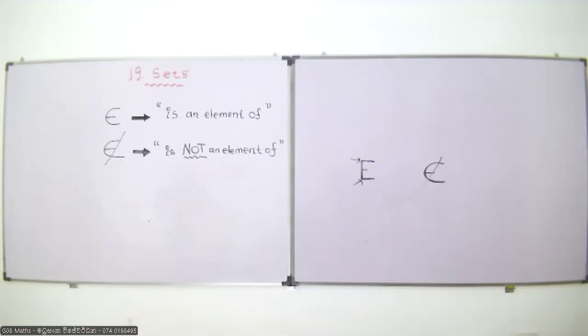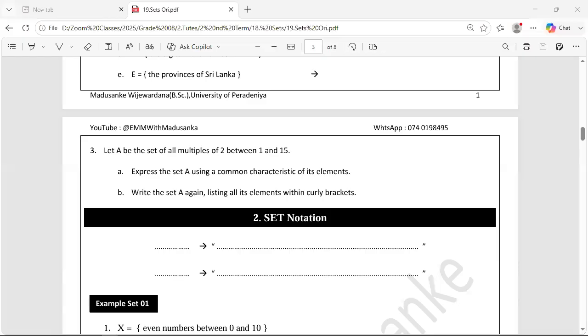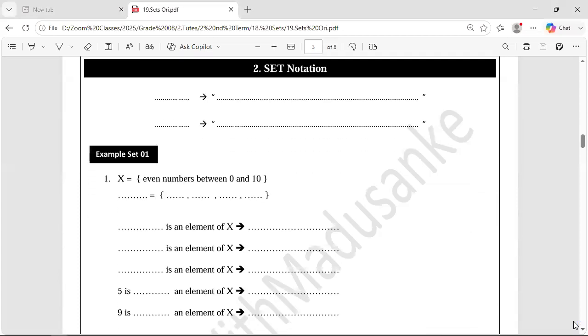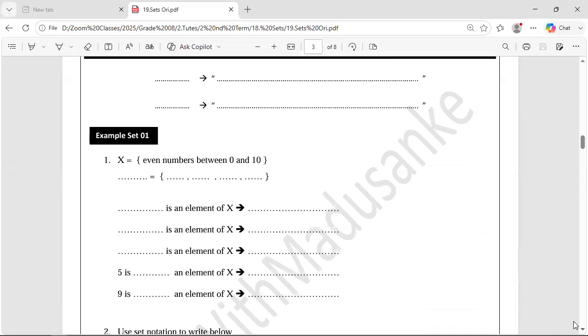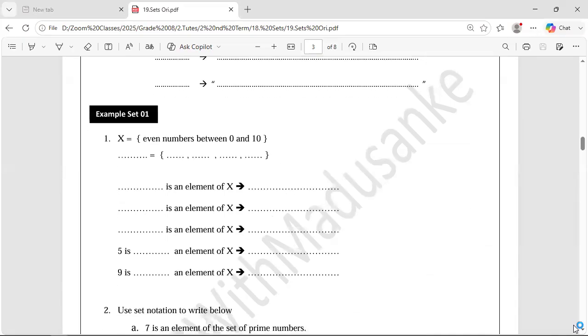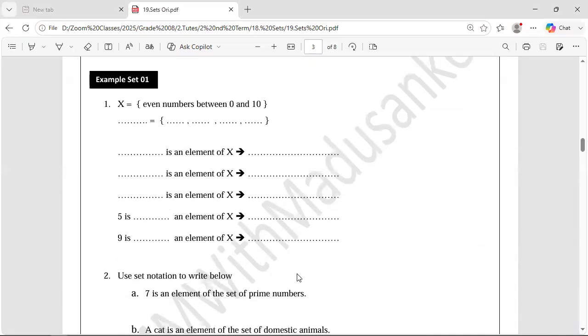I'm going to share the screen. Set notation: you have covered "is an element of" and "is not an element of." Example set one.